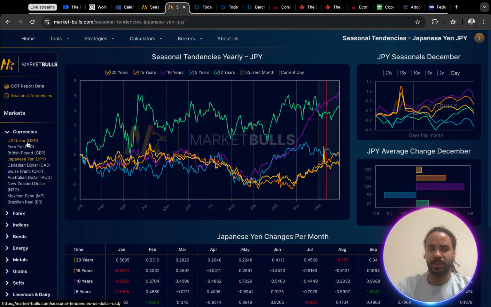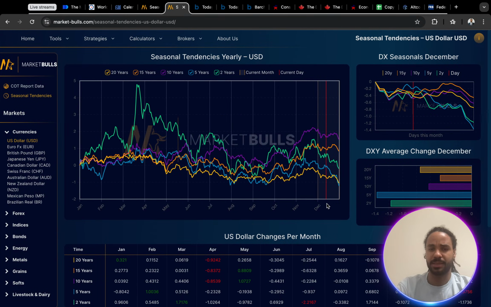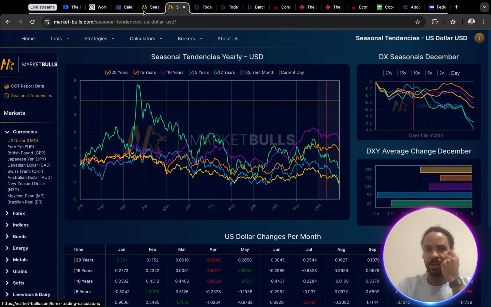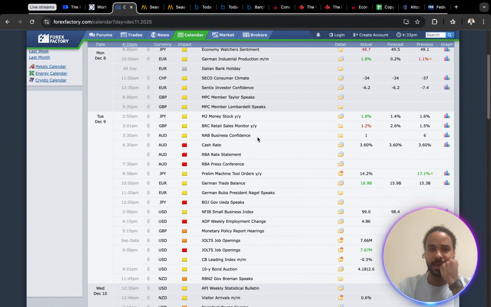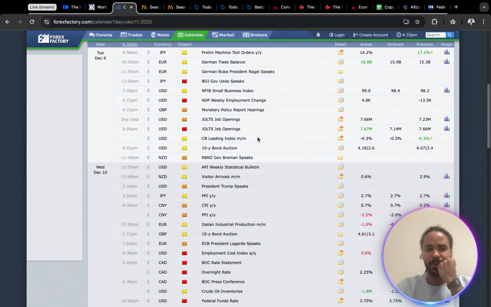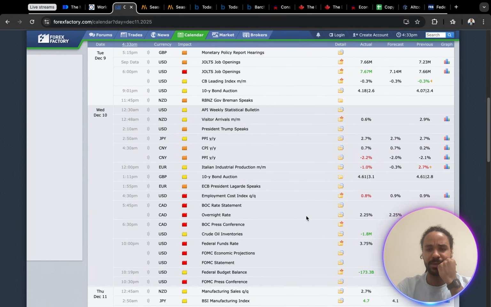For example, you have the USD. You understand that towards December, we usually have that decline on the 2-year, right? And then you factor in the Fed cut, and then you pair it with a pair on the other side, because we looked at Canadian data. If you've been following, we had the Central Bank of Canada rate statement.